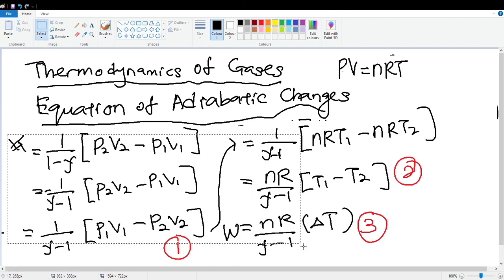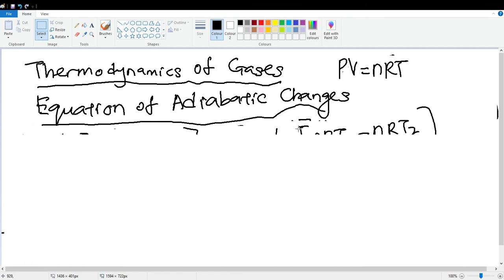Okay, so we have done this equation. Let's move on to the last part, which actually continues from this equation: W equals nR divided by gamma minus 1, in brackets delta T. So let me delete this and rewrite it again.